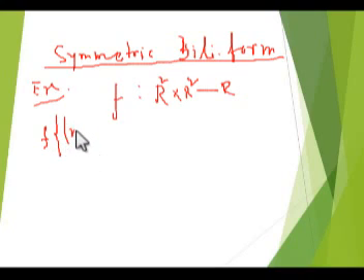We are taking x1, y1 for the first Cartesian space or two dimensional space, and for the second we are taking x2, y2. So you can understand how bilinear forms can be represented.